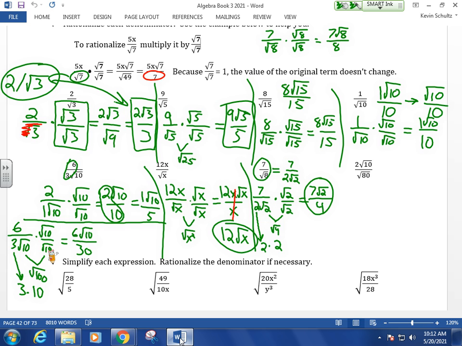Simplify the root 8, right? So in your numerator, now it would become 7 times root 8 simplified, which is 2 root 2, which equals 14 root 2 over 8.